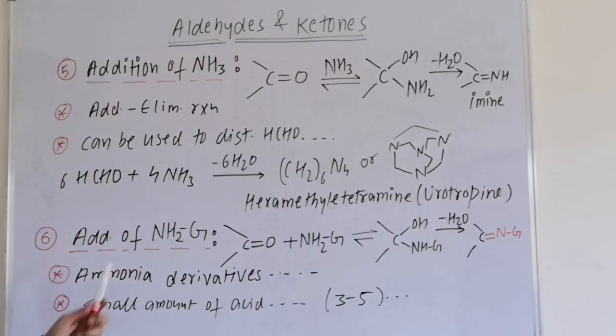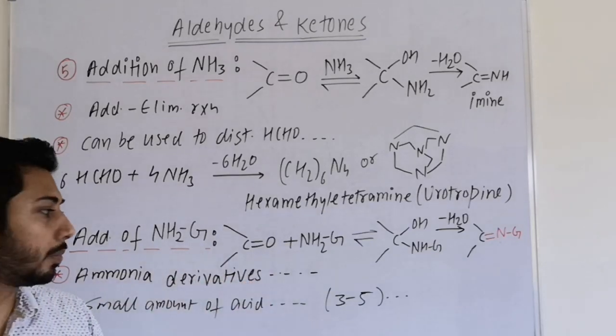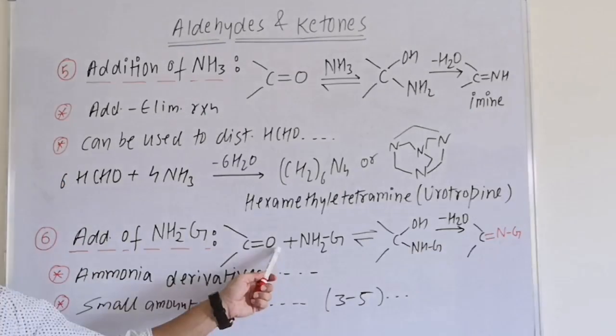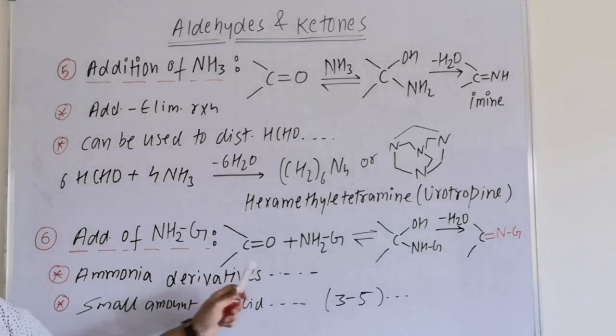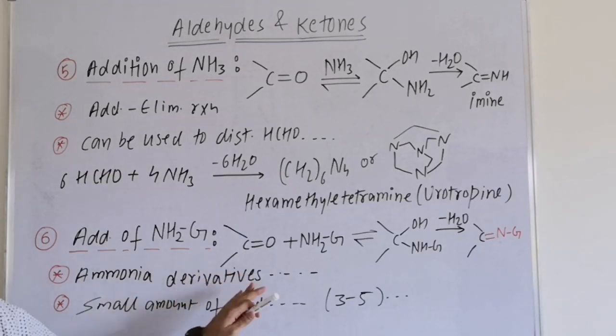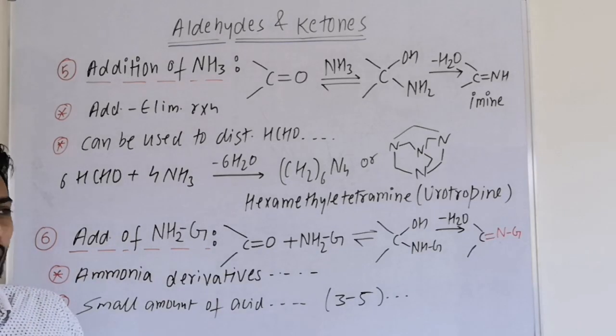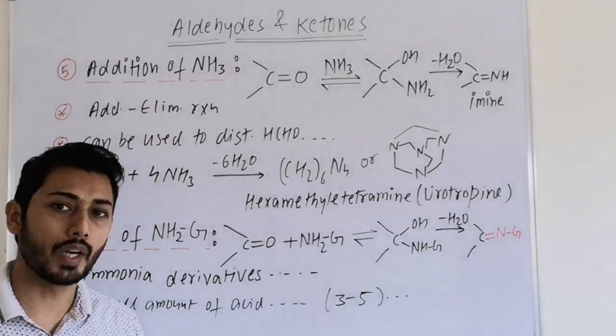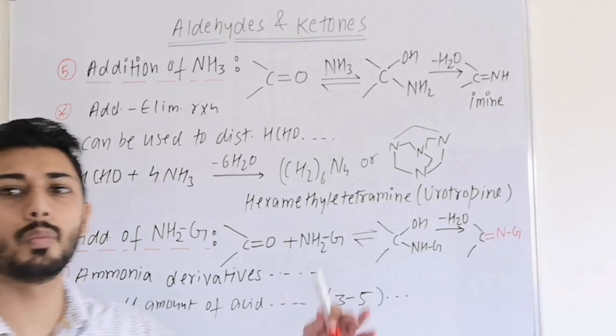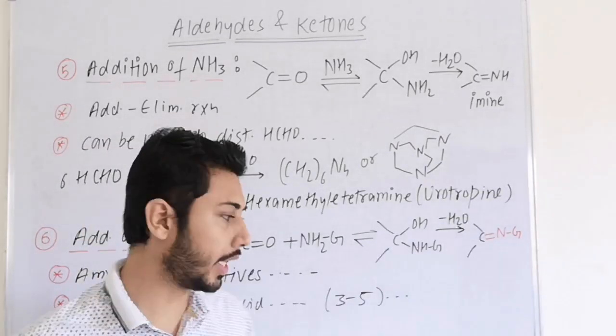This is again an addition-elimination reaction, and ammonia derivatives require a slightly acidic medium so that oxygen takes H plus and then the carbon becomes electron deficient. So we take a slightly acidic medium, and ammonia and its derivatives are weak nucleophiles. That is why a small amount of acid is also required. In the second point, a small amount of acid is added to maintain the pH around 3 to 5. This is the pH range required when we add ammonia and its derivatives.